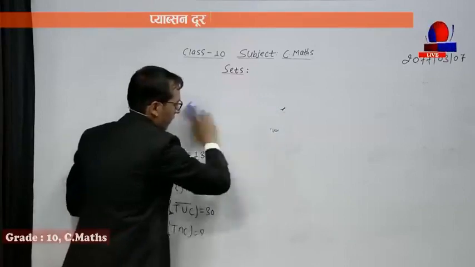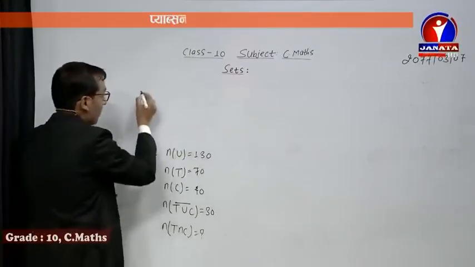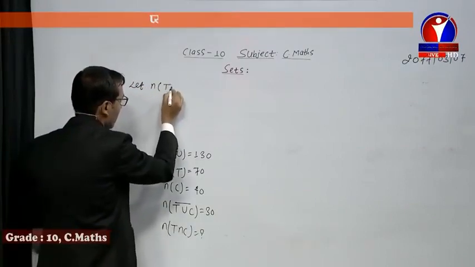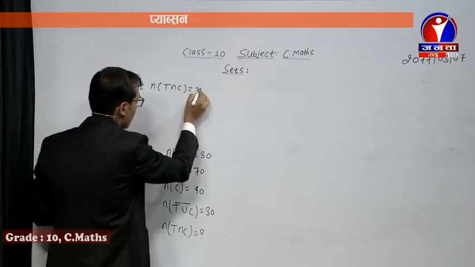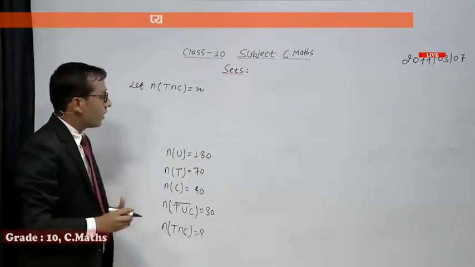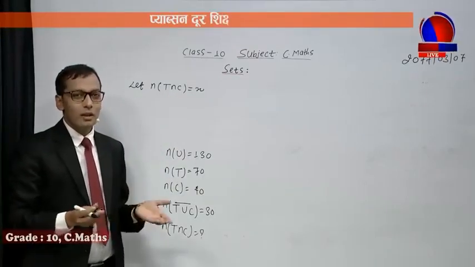Let me erase this and continue the question. So let n of T intersection C be X. Now we have all the information, so we can draw a diagram.